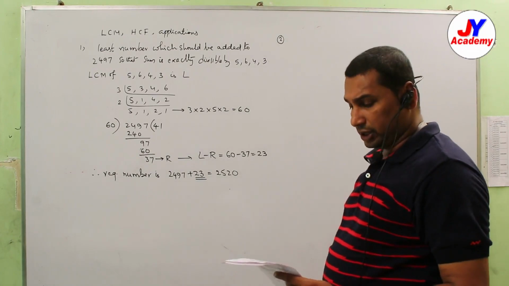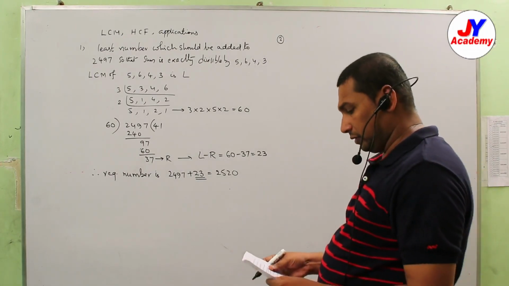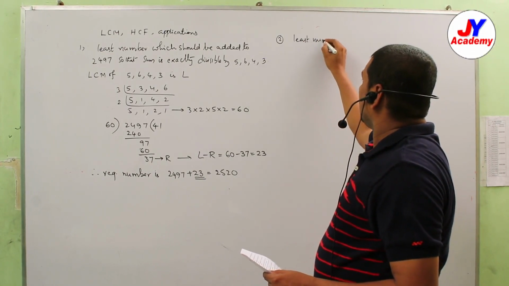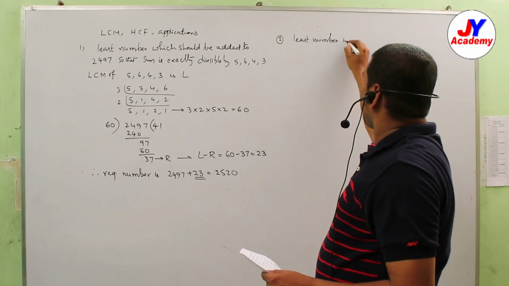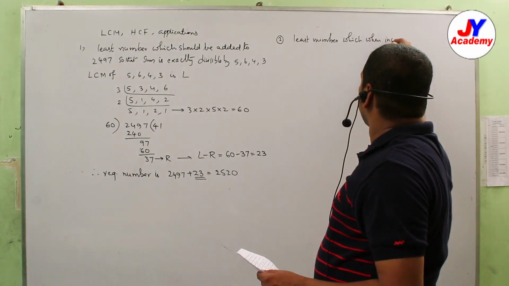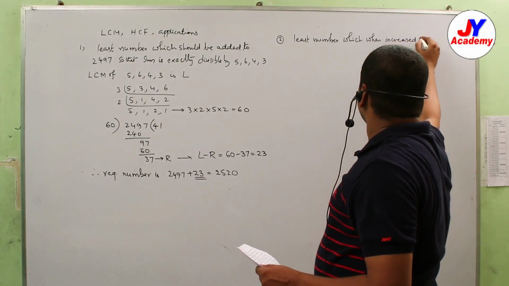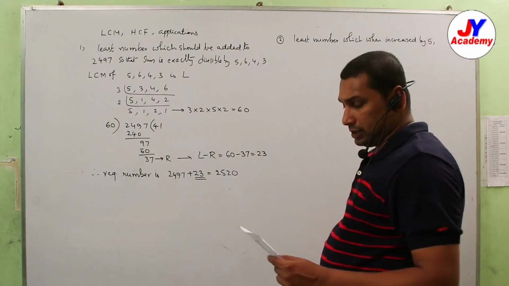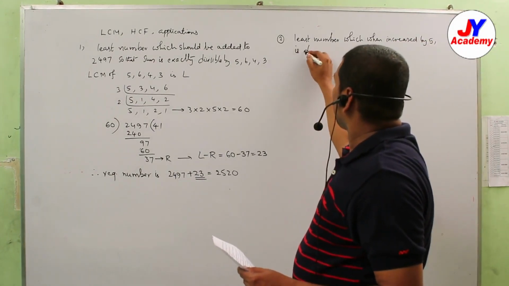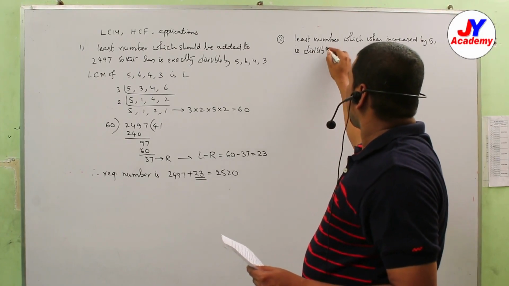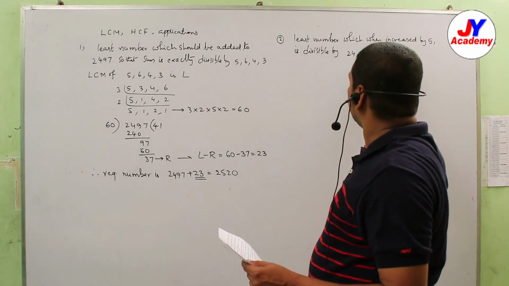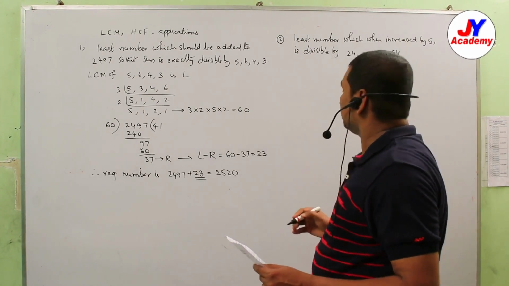Now see the second question. The least number which when increased by 5 is divisible by 24, 32, 36, 54.